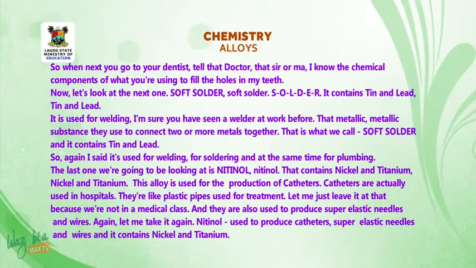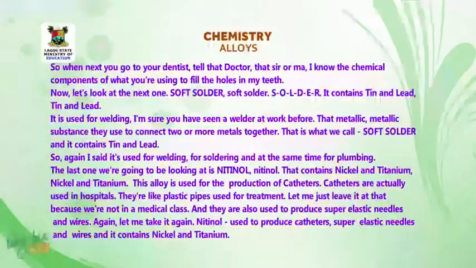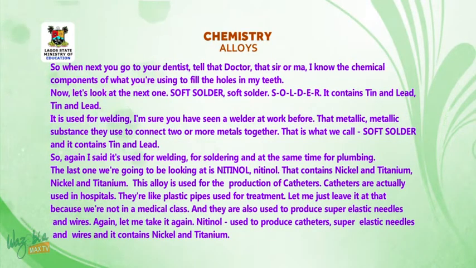The last one we are going to be looking at is nitinol. Nitinol. That contains nickel and titanium. This alloy is used for the production of catheters. Catheters are actually used in hospitals. They are like plastic pipes used for treatment.